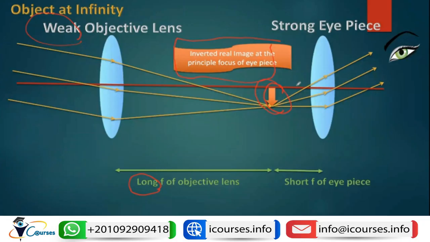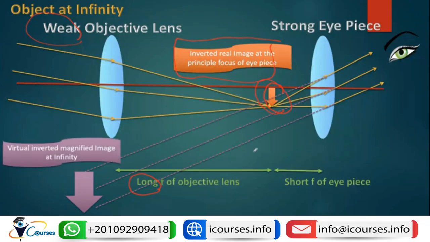The eye can see only in parallel lines. So the eye will see the extension of the image, the image of this object at the distance of comfortable near vision for the eye, which is about 25 centimeters. So the eye will see a virtual inverted magnified image at infinity.